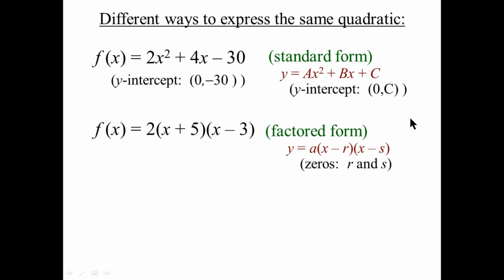X-intercepts are otherwise known as zeros. So the zeros are r and s. And so for this particular parabola, which is the same as this one, by the way, the zeros are -5 and +3. Notice how we change these signs, because we're subtracting the zeros from x. And x subtract -5 is x plus 5.